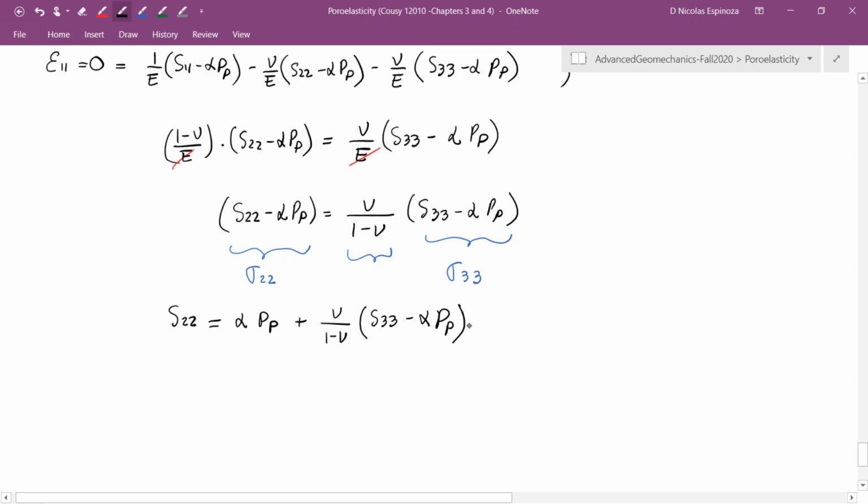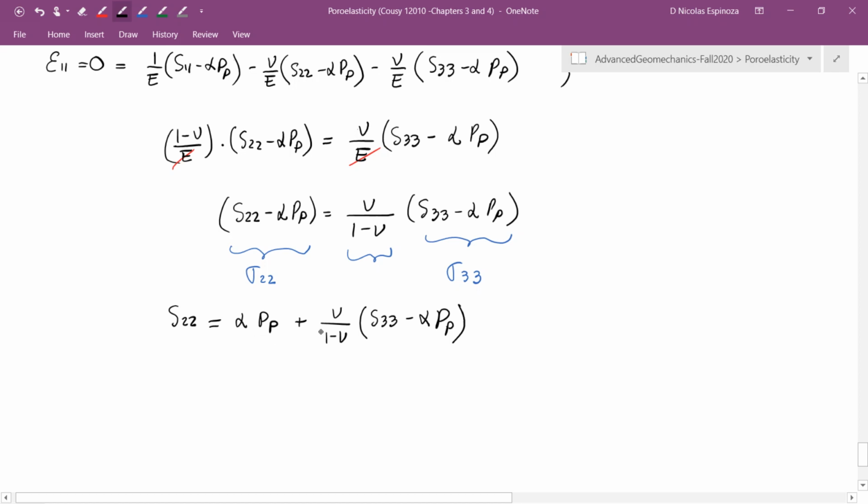And in this case, S11 is also going to be the same. Okay, I could use alpha and pore pressure and also join it with this first term, but I'm going to do that later. What I'd like to do now is to use this equation in order to write just a horizontal total stress as a function of pore pressure and the total vertical stress.